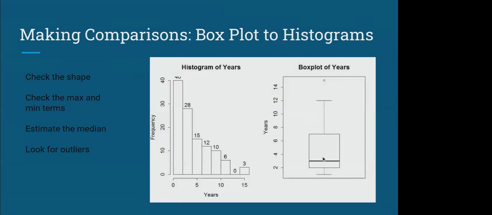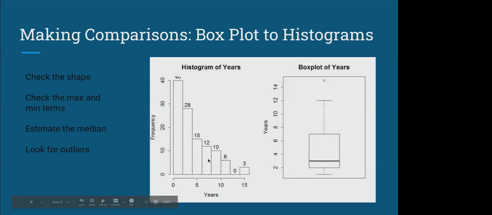The line in the middle is always your median. And then remember, this is minimum, Q1, Q2, Q3, maximum. And then anything here, in this instance, this little circle represents our outlier.